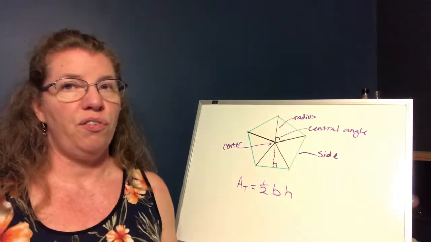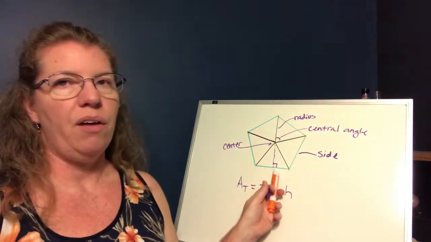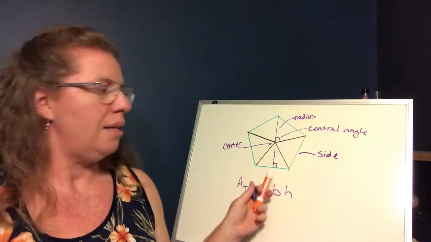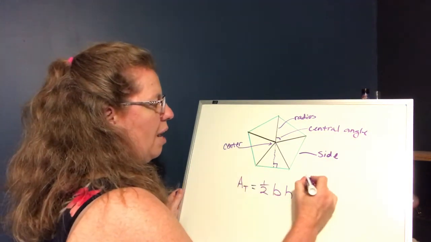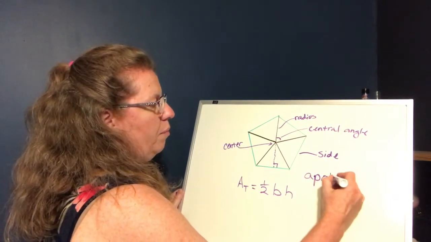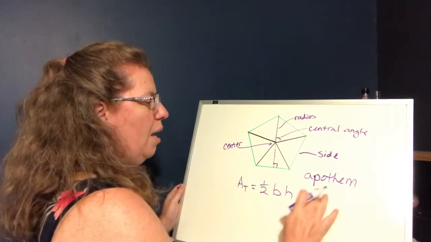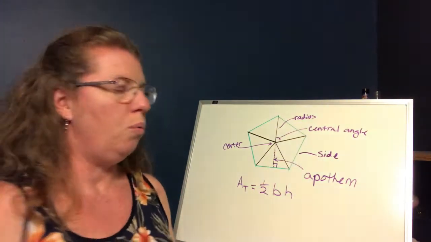And just for fun, they rename it for you, because it's not really the height of our pentagon. We can't call it the height. To not be confusing, they give it a new name, and it's called an apothem. So that's our new word we have to look at.